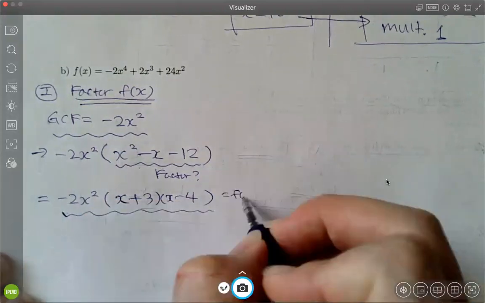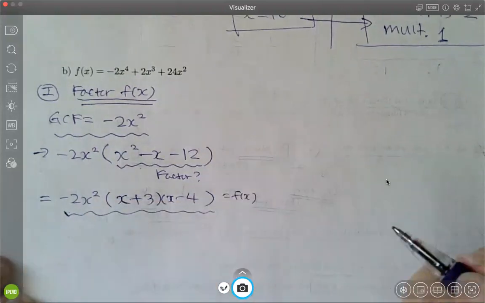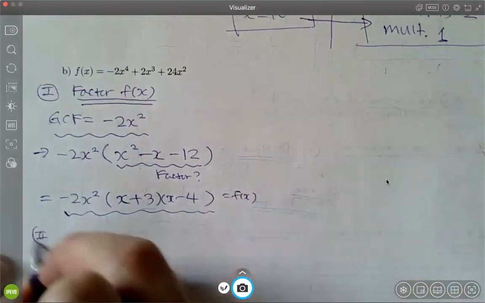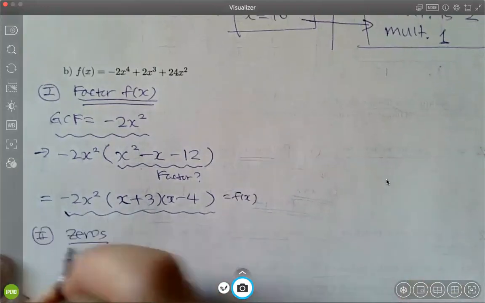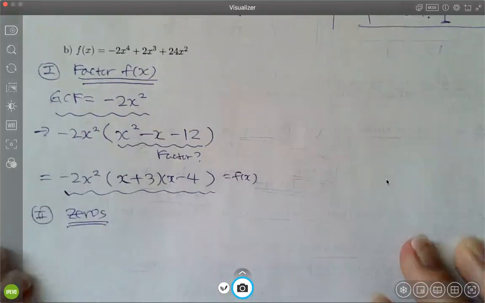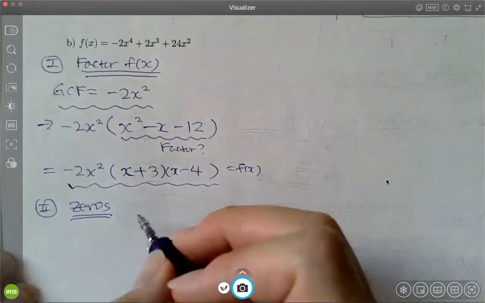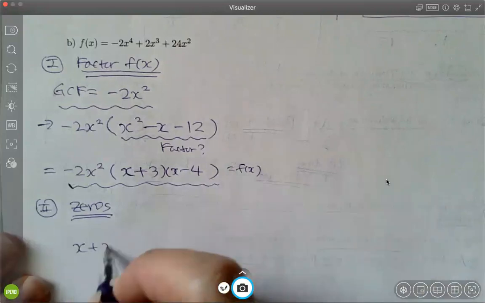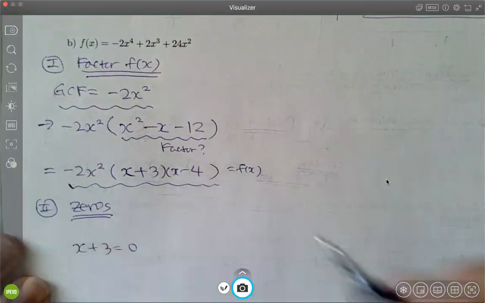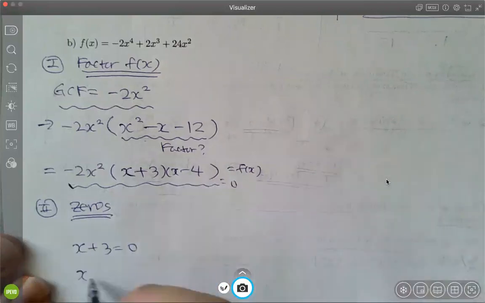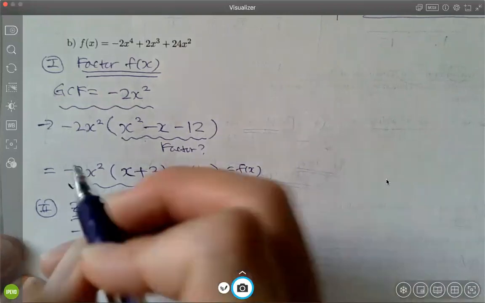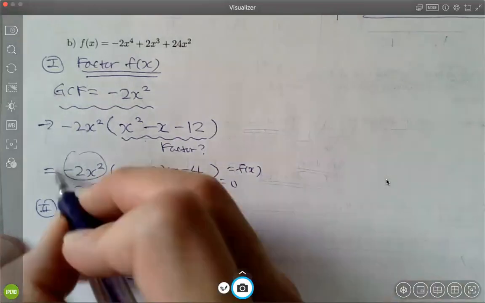Now can we find the zeros? To find the zeros, what do we do? So x plus 3 is equal to 0, because this whole thing needs to be set equal to 0. And then x minus 4 equal to 0. And what about negative 2x squared? Do we also set it equal to 0? Yes. Be careful.